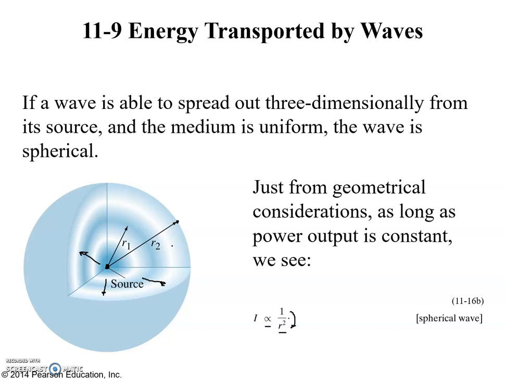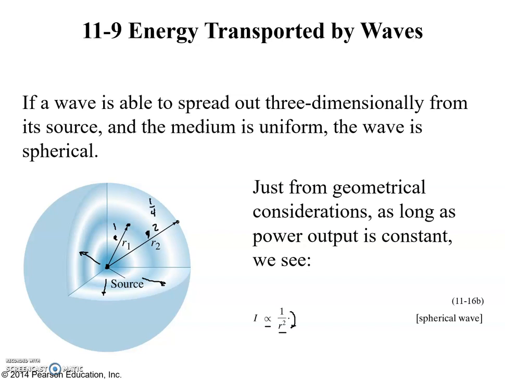So if you are right here, let's say this distance is 2, and this distance is twice that, it's 4. Actually, let's make this a little simpler. Let's make this distance 1 and this distance 2. 1 over 2 squared is 1/4.